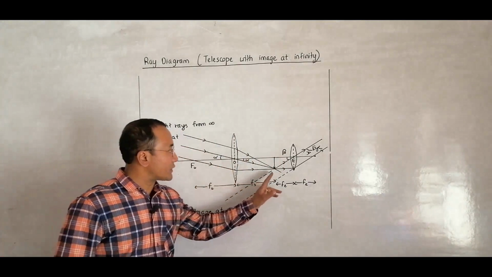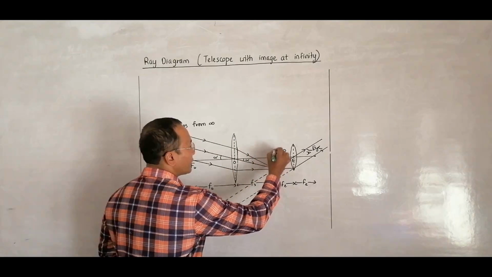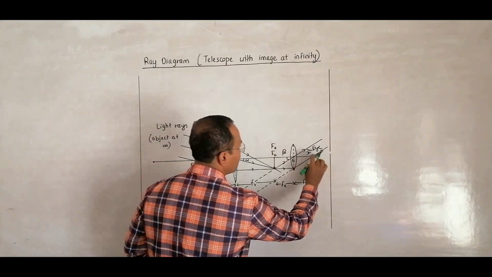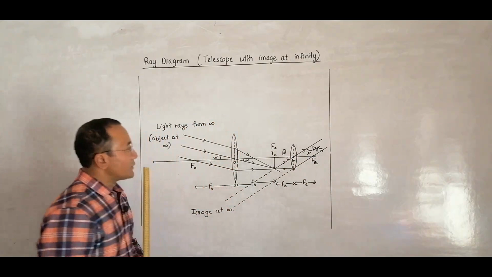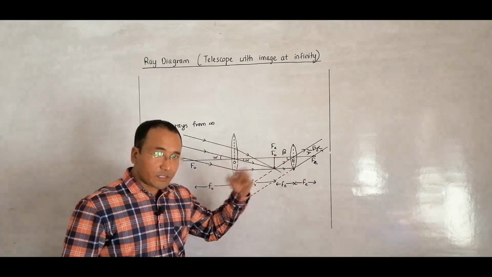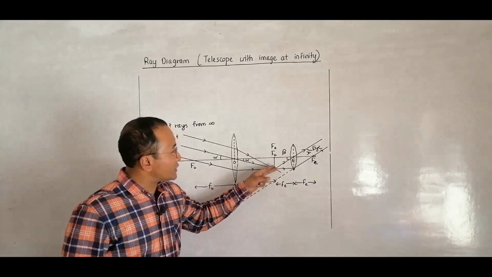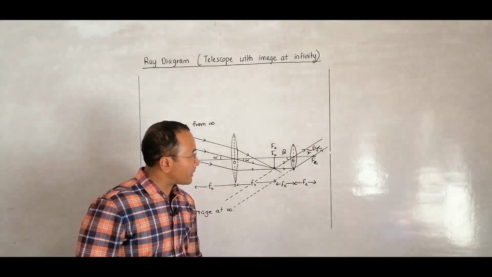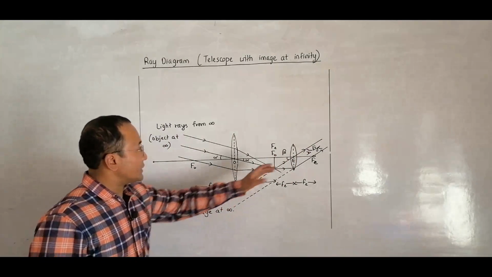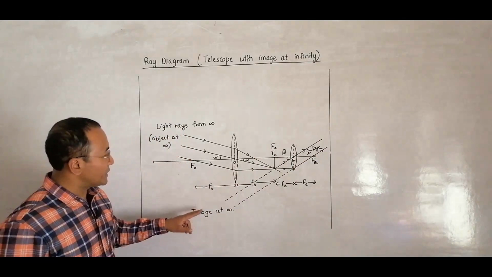They formed their first image at their focus point, which is FO, and this is FE as well. So the eyepiece is placed in such a way that this thing will be at its focus as well. So the light rays coming from here will travel parallelly after refraction. So the eyes will feel that the light rays have come from here. So this will form the image here.